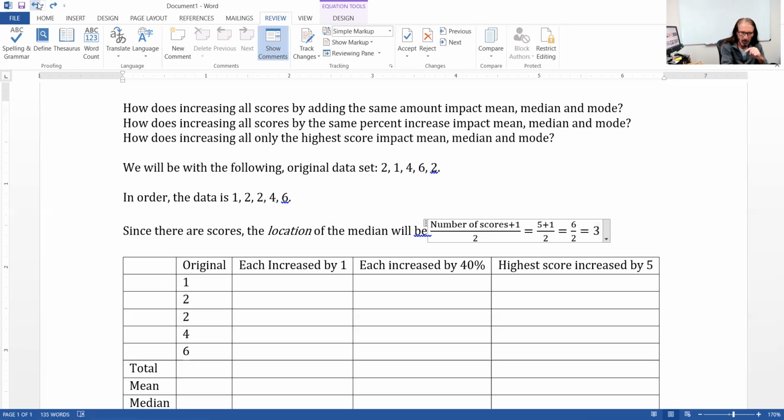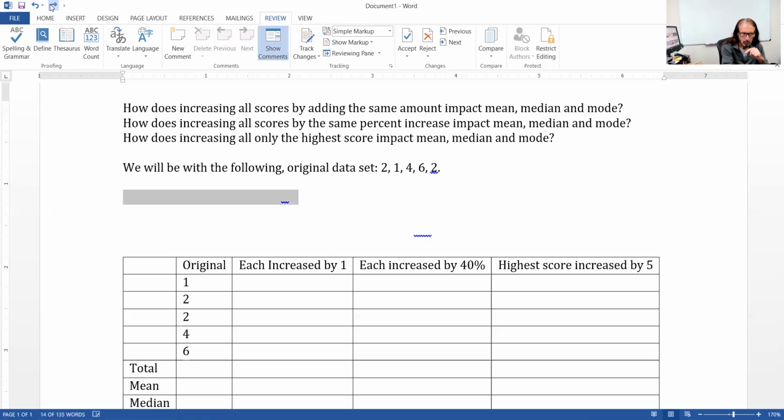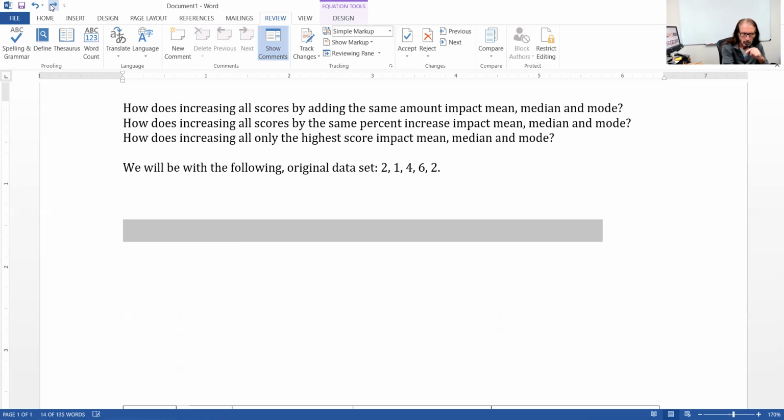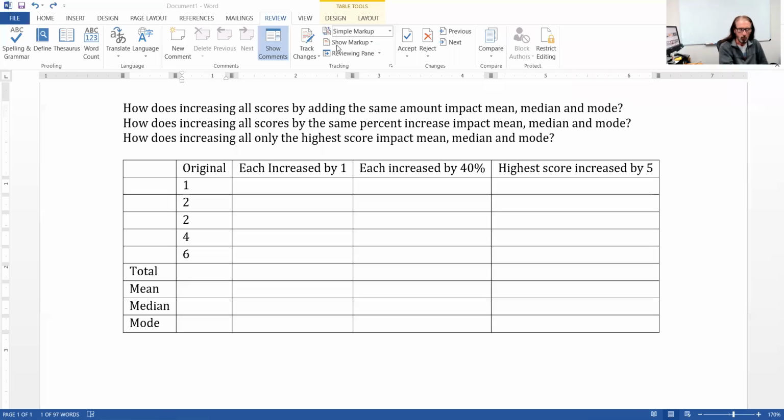But first off, finding the mean. Well, our total of those original 5 scores, now that we've put them in order, is 15.